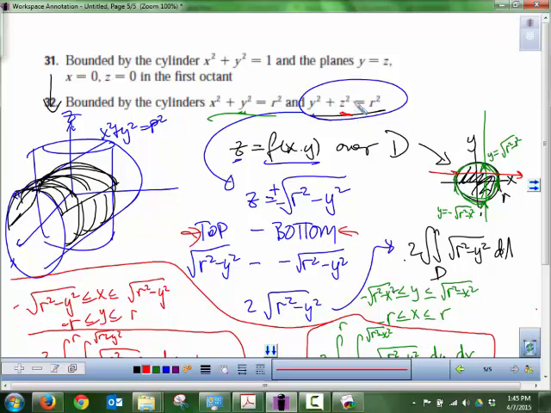And the bottom surface is the bottom part of that sideways cylinder. No, not for this case. Why can't what? I suppose you can, and then you're integrating instead of dy dx, you're going to be integrating dy dz. But it's going to be the same amount of work.